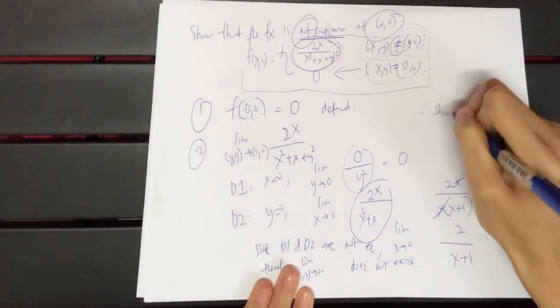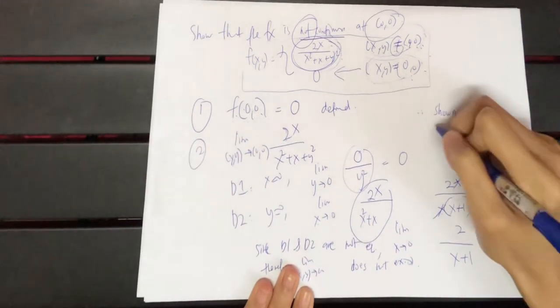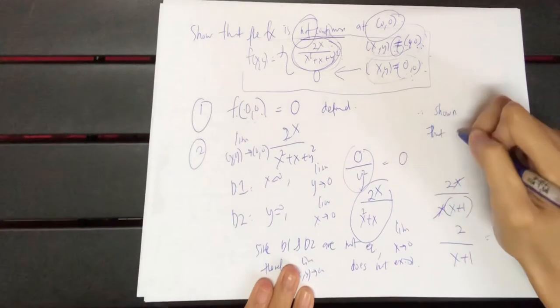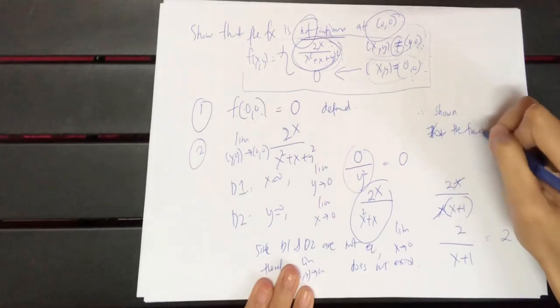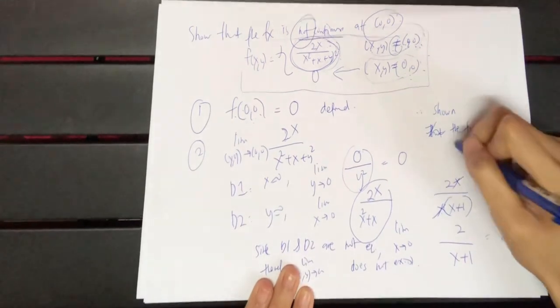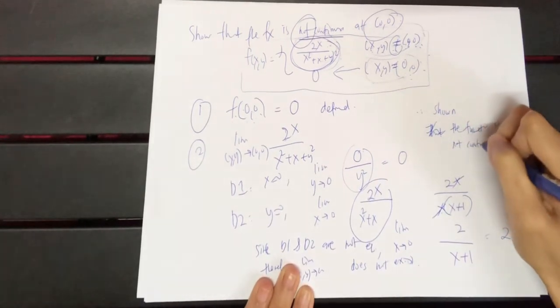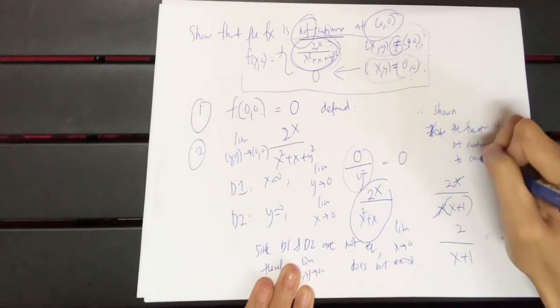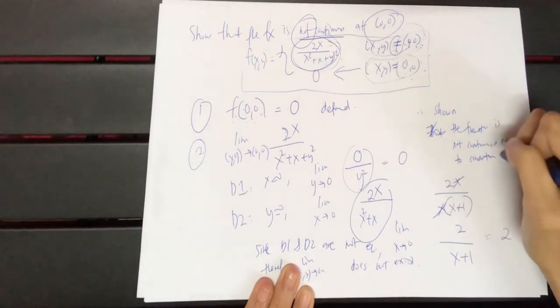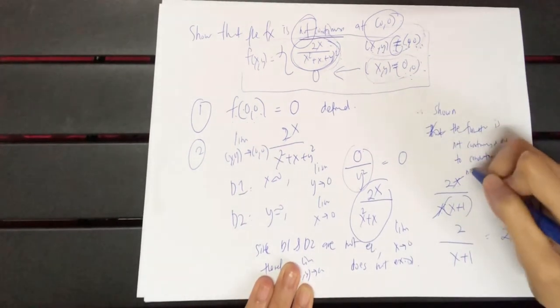You say that it's shown. Okay, of course it's shown, that we have shown that the function is not continuous due to condition number 2 is not fulfilled. Oh, sorry lah, tulisan saya buruk.